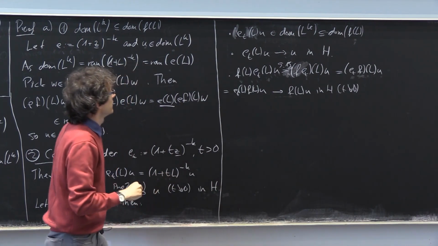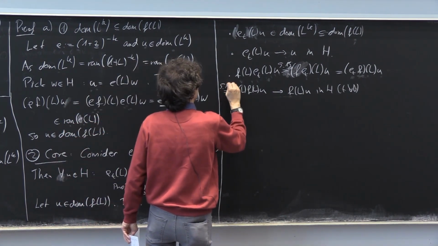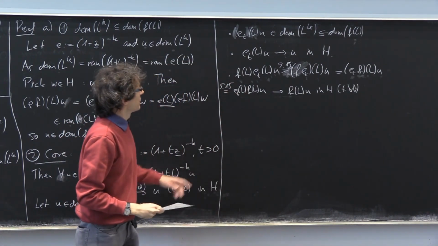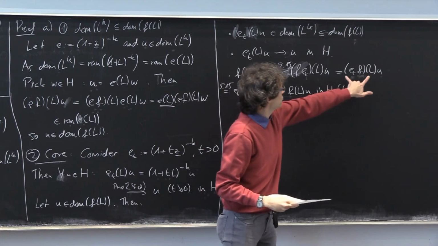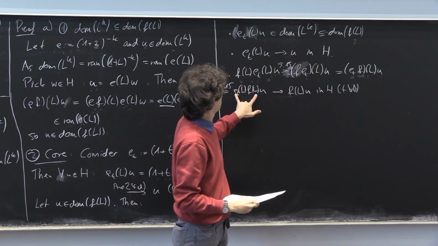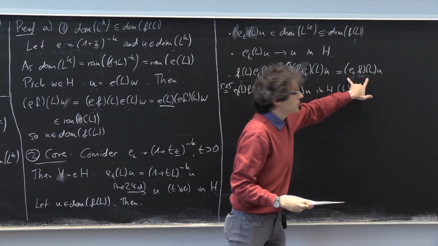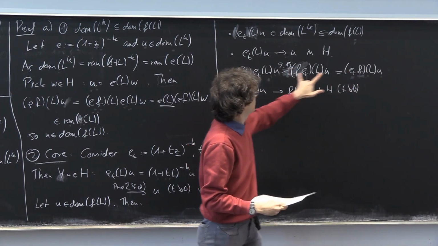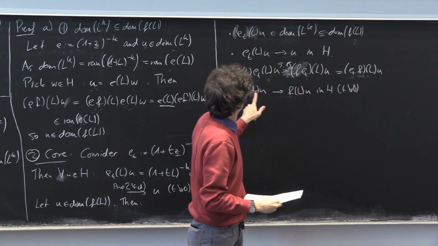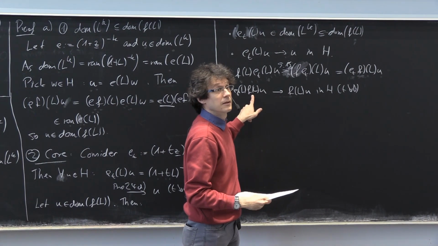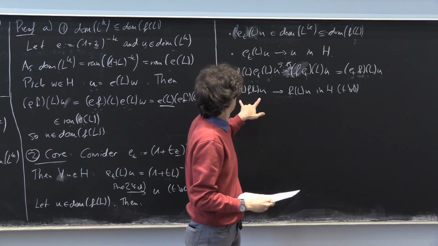Okay, so this is again 5.15. I have in 5.15 an inclusion that this operator is contained in that one. So the conclusion is this operator is contained in that one, but I know that u is in the domain of this operator. So the two are equal.